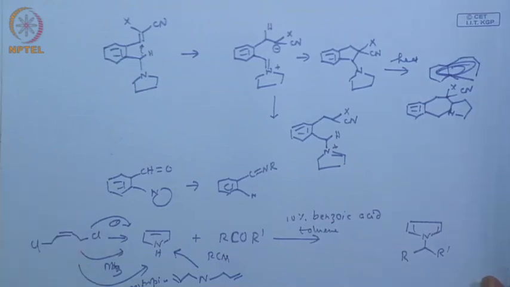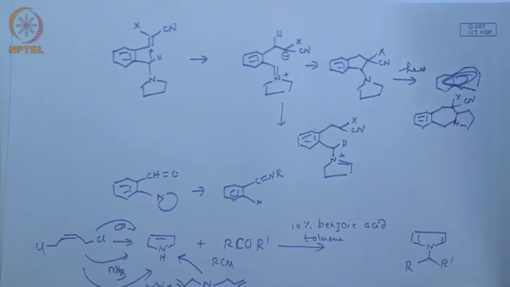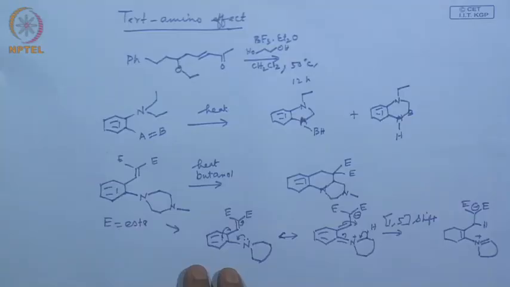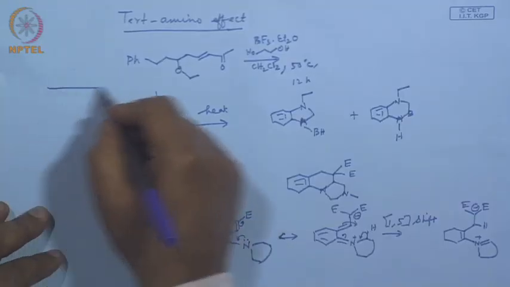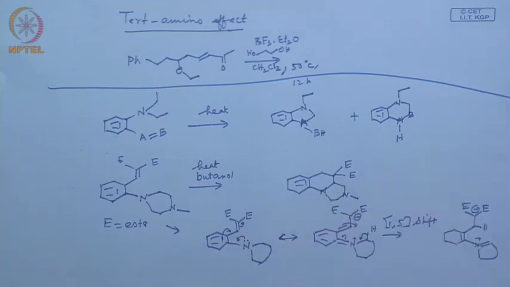Okay. And lastly, I think we will probably talk about the first example. What was the first example? If you recall the first example, what was it? I thought at the end we should be able to answer these questions. What is the product?